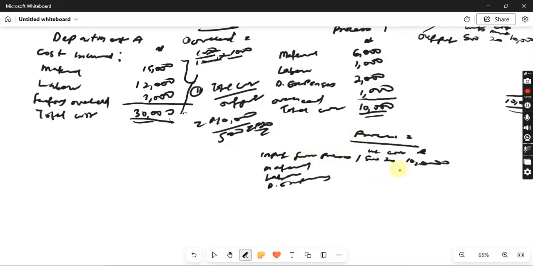So we have 4,000 for material, 2,000 for labor, and 3,000 for direct expenses. At the end of the day, we have a total of 19,000.